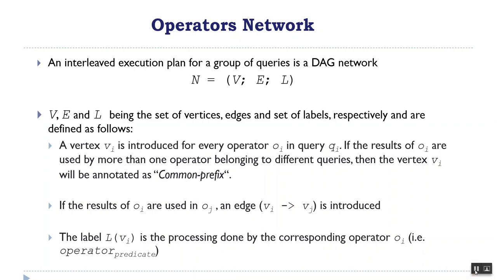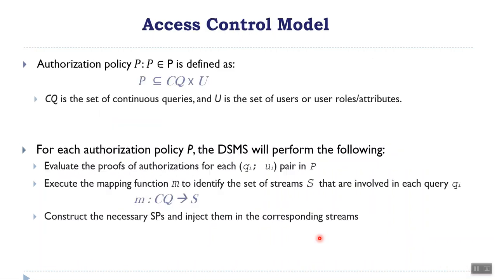and predicate. As for our access control model, we assume that the data stream management system can enforce query-based access restrictions that can be specified by either the data stream providers or the data stream management system.